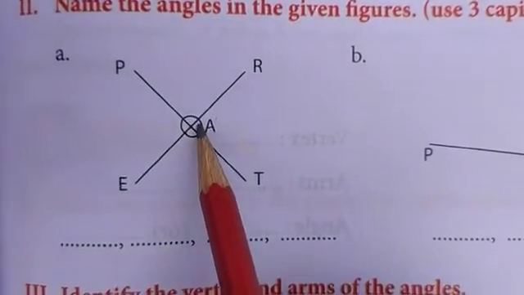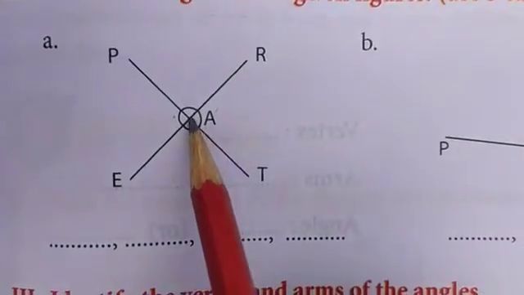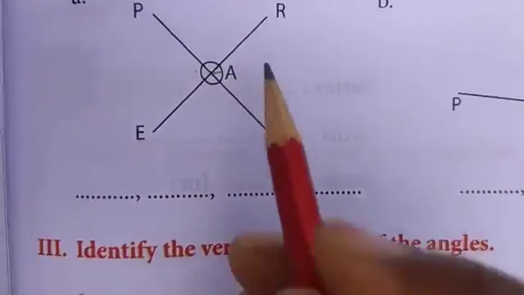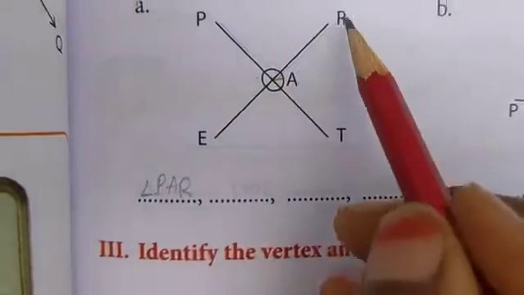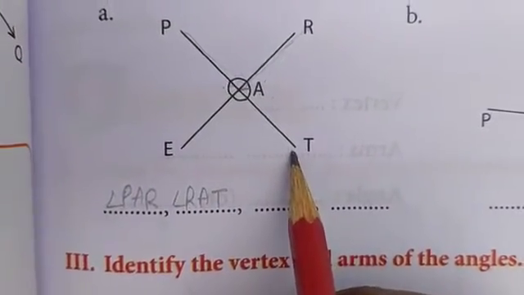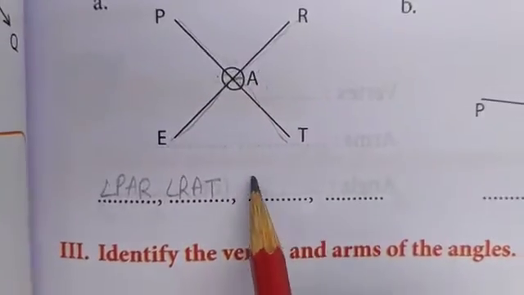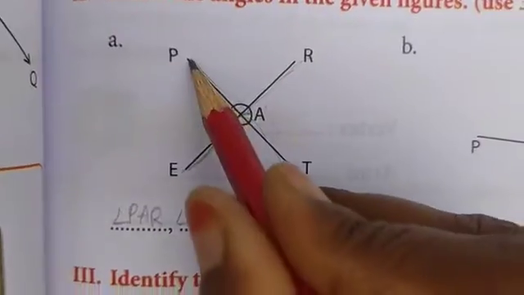Now name the angles in the given figures using 3 capital letters. Here we have 4 angles, and the common vertex is A. So we can write angle PAR, angle RAT, angle TAE, angle EAP.